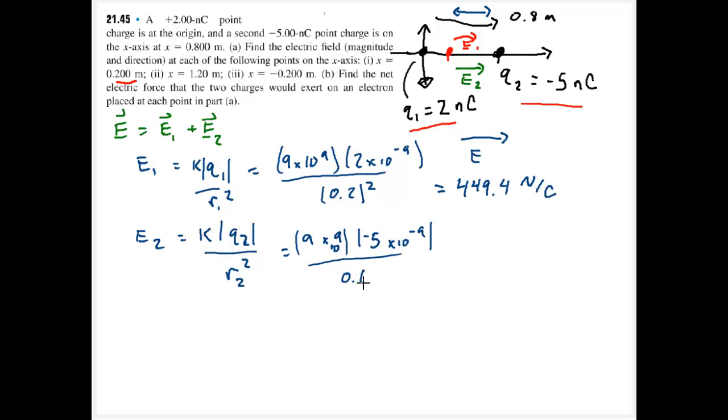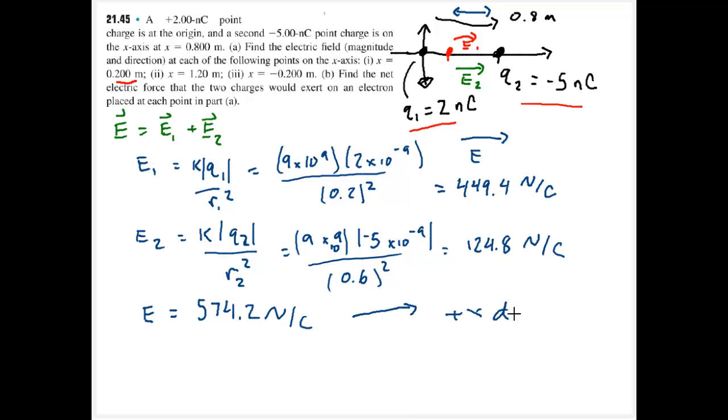Distance 0.6 meters, quantity squared. And that's going to work out to be 124.8 newtons per coulomb, and so my net electric field is going to be the sum of those two, or 574.2 newtons per coulomb, and it's going to be in the positive x direction.